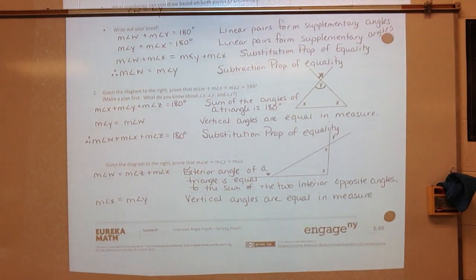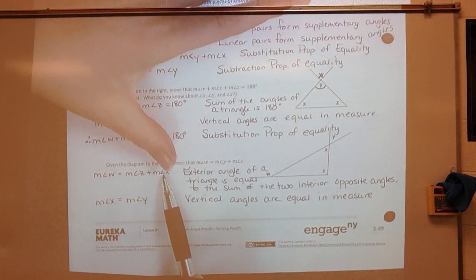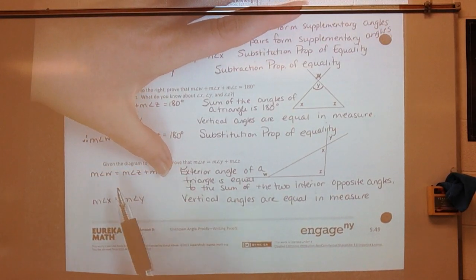Vertical angles are equal in measure. All right, so now that I know I have vertical angles, think about this. Can I substitute anything? If I know that X is equal to Y, well, what happens if I replace this X with this Y? Do I get what I'm trying to prove?